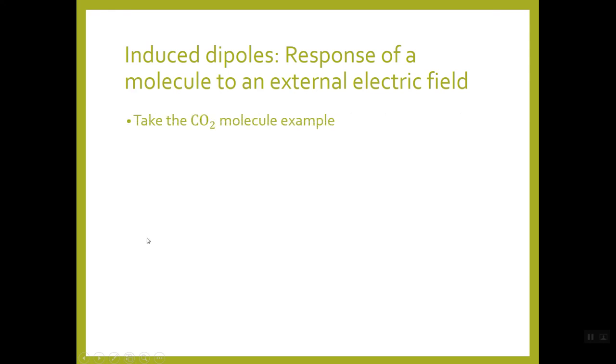So for our CO2 molecule example again, we had alpha XX and alpha ZZ, that was our electric field being perpendicular to the axis of the molecule, and alpha YY was parallel to the molecule axis.